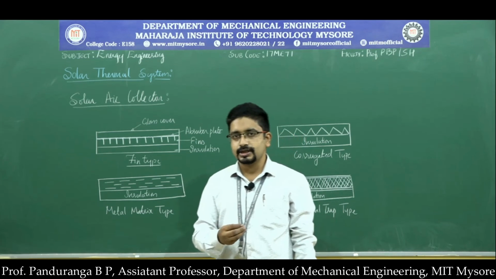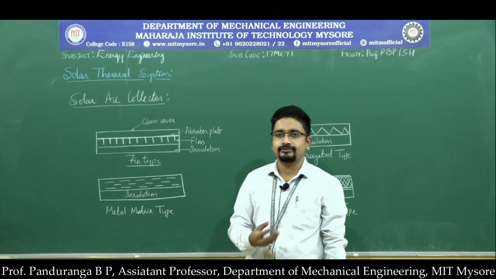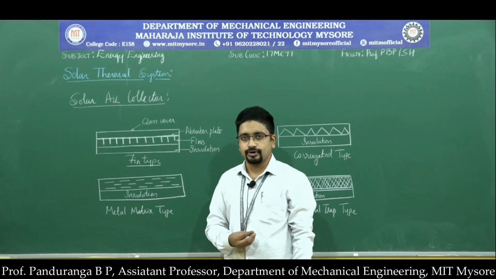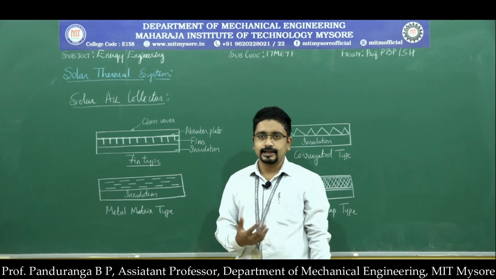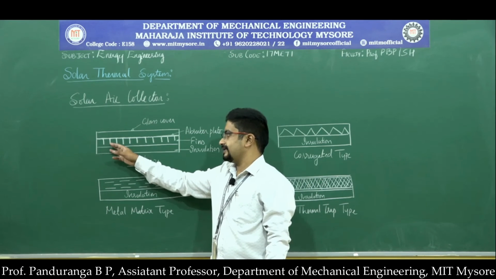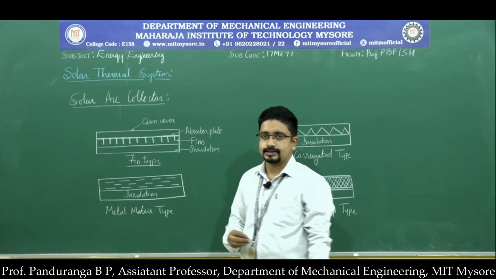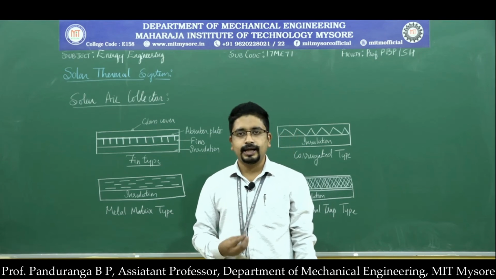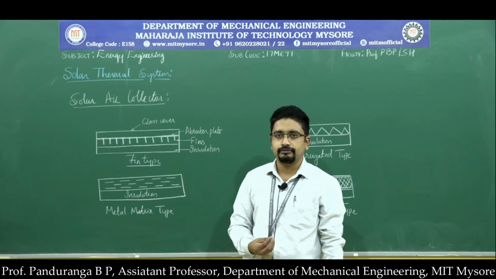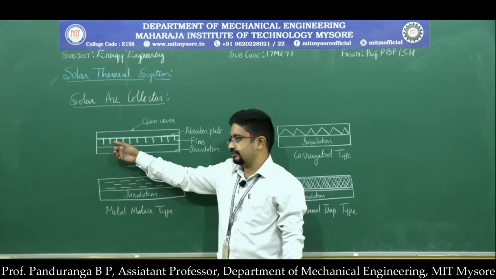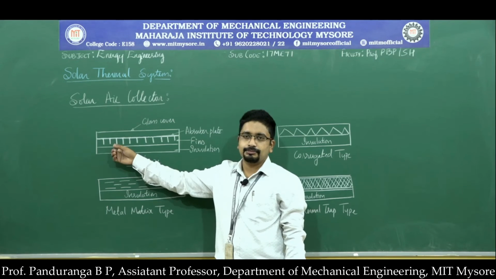And since we are using air here, the air has a very low heat transfer coefficient. So to increase the heat transfer rate, we are using fins here. The fins will help to increase the surface area, which increases the amount of energy transferred to the air flowing at the bottom of the absorber plate.